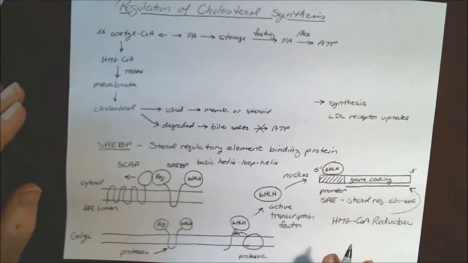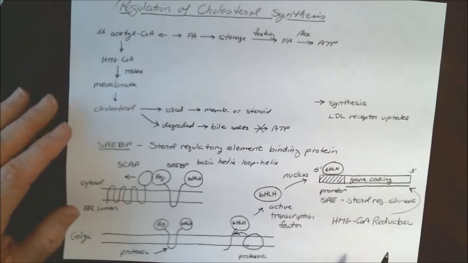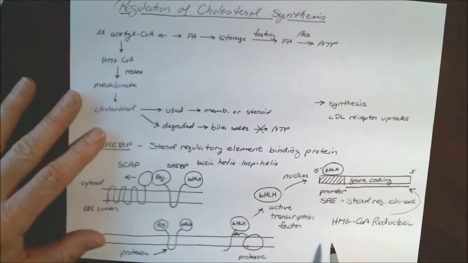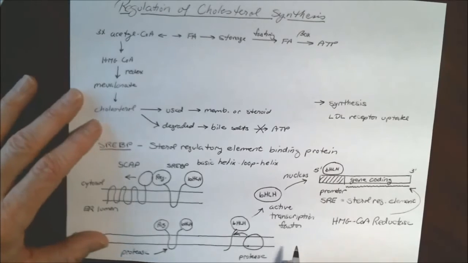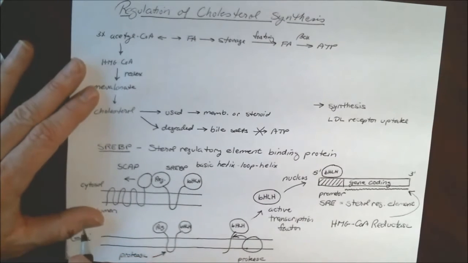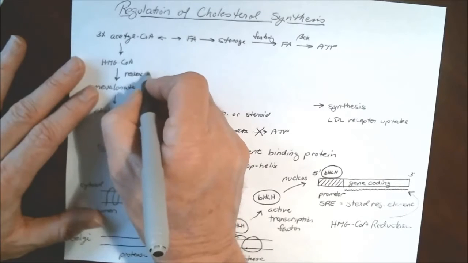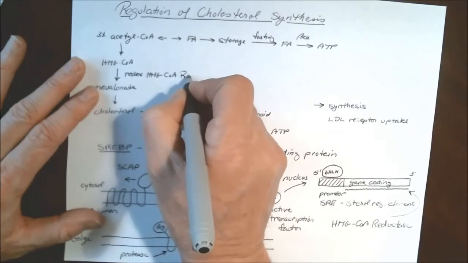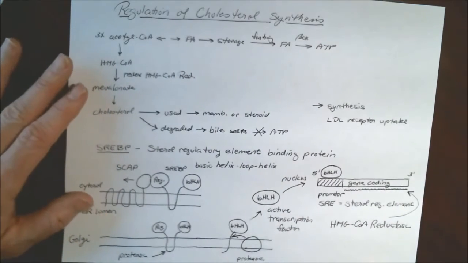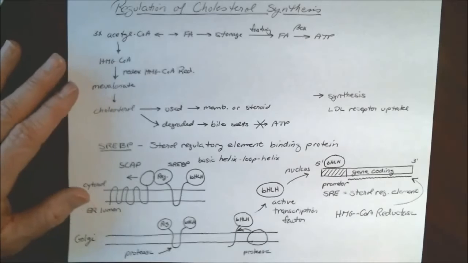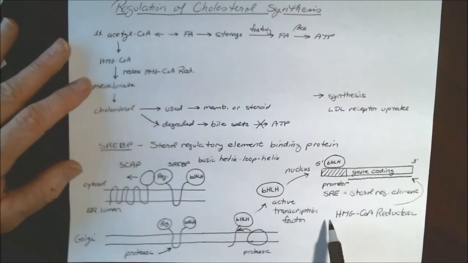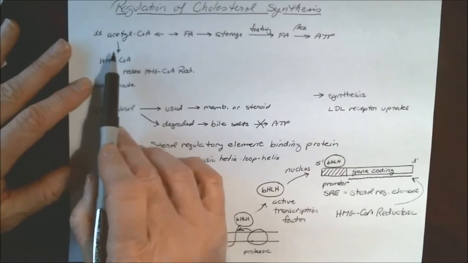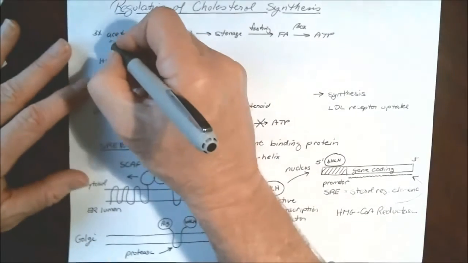So this controls the expression of the enzyme that mediates the committed step into sterol cholesterol synthesis. Now recall that this is a good step to control because all steps up to this point, from HMG-CoA all the way back to acetyl-CoA, are reversible.